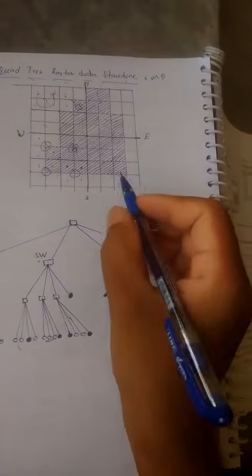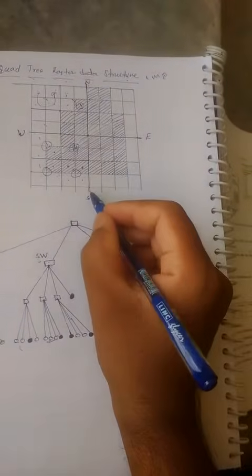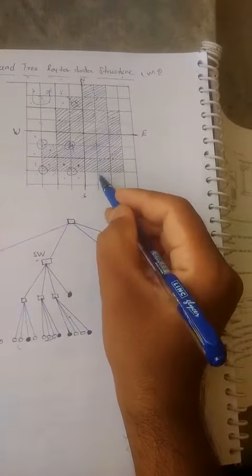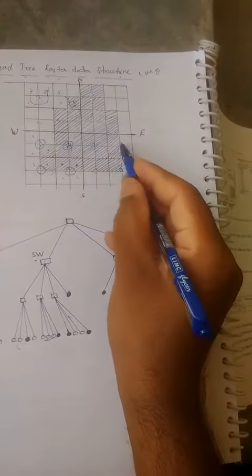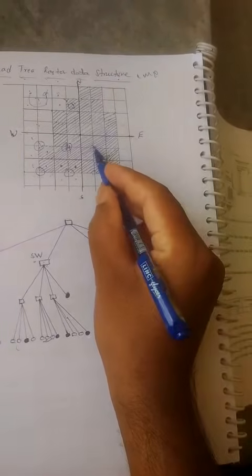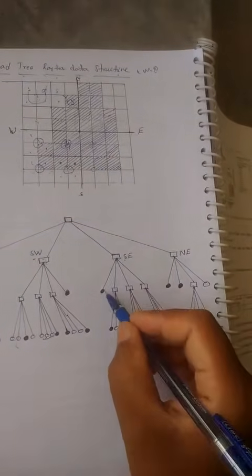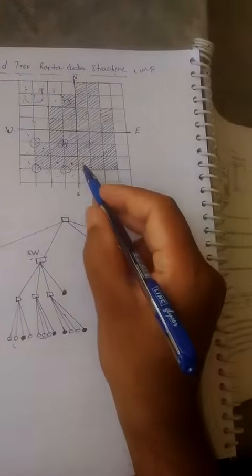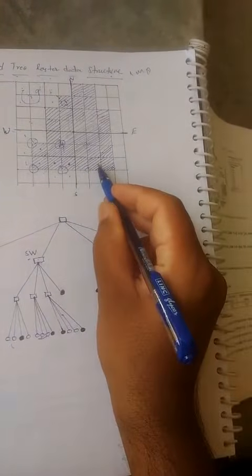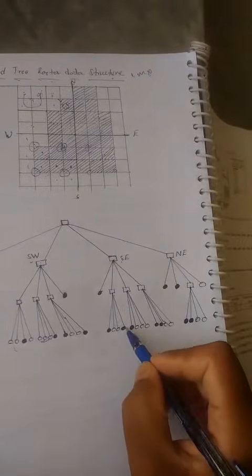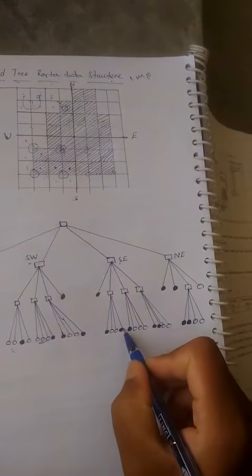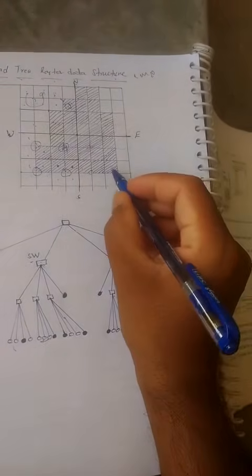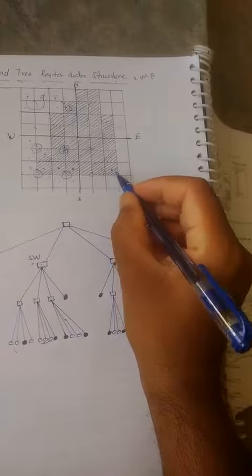For example, southeast means this area. See the first one, second, third and fourth. The first one is completely sharing the boundary. In the second one, the first and fourth are sharing the boundaries. For the third one, only the first one is sharing the boundaries.